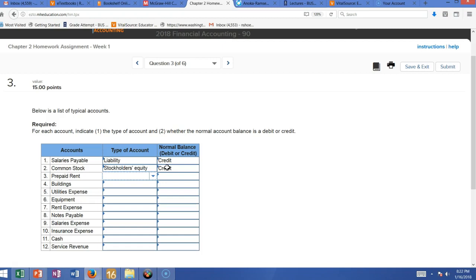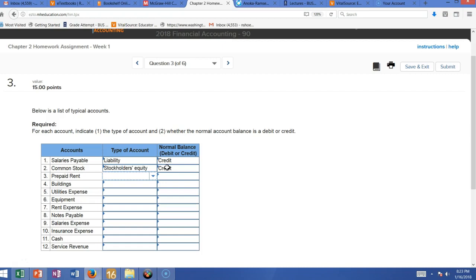The key here is we're starting to identify various types of accounts and learning. If you go into those brief exercises, I think the solutions are also at the end of the chapter that help you identify various accounts.